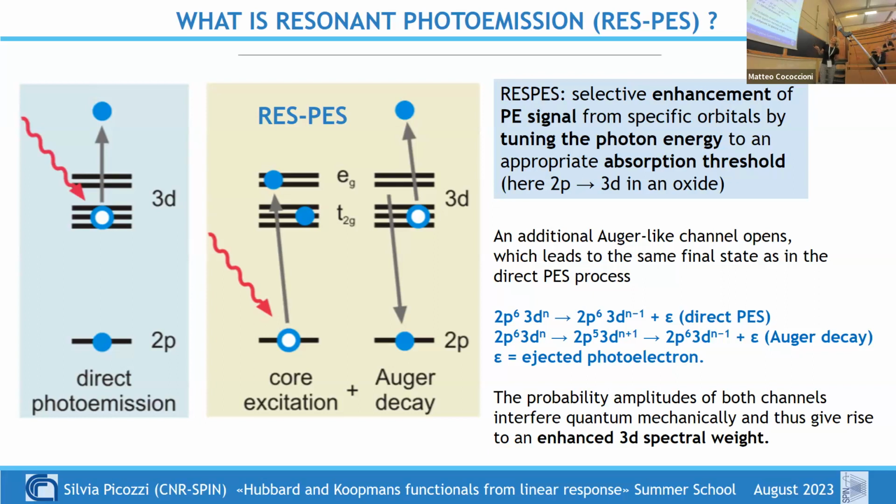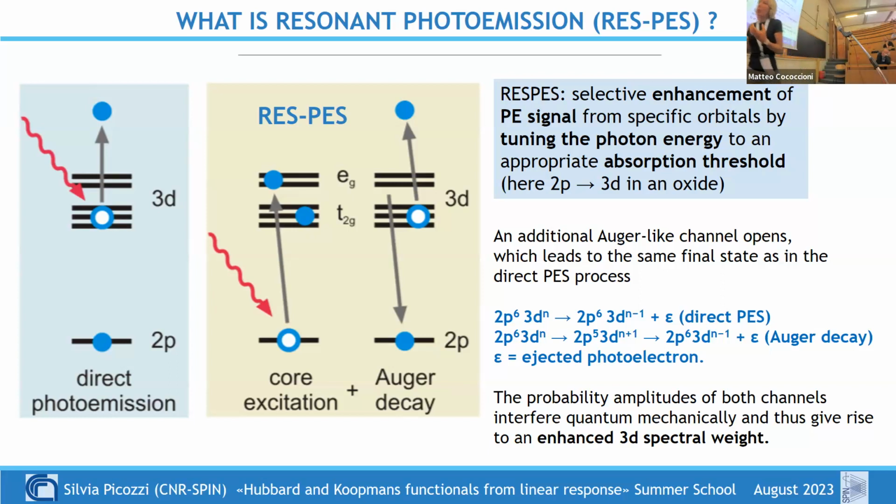And then you have an Auger decay. This hole is filled by this electron here, and this energy is taken by this electron to go out. So the final state between direct photoemission and this combined process is actually the same. However, you have, let's say, a completely different process.